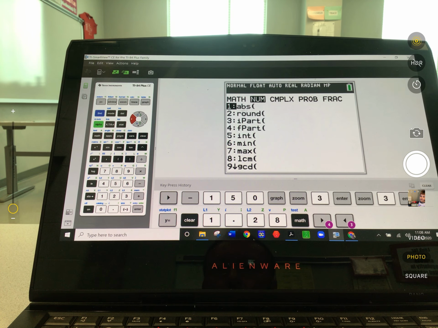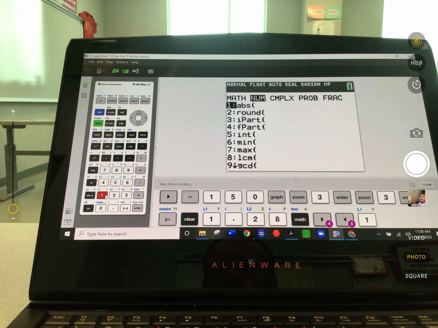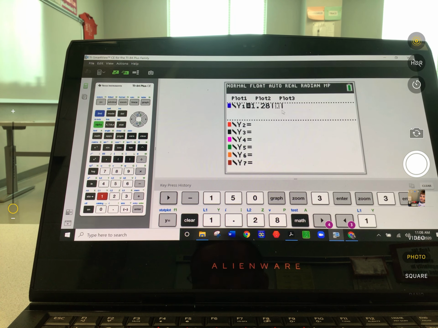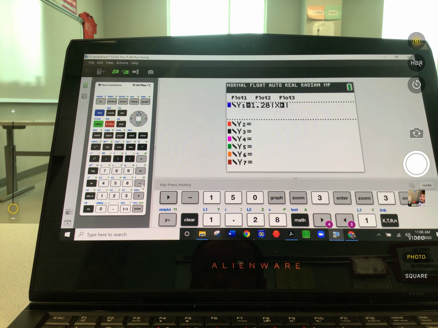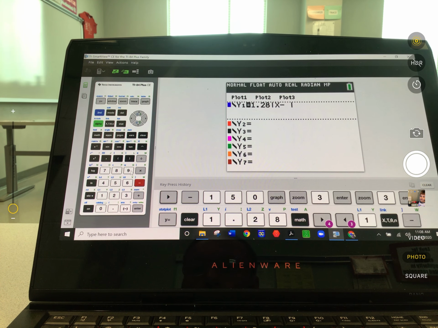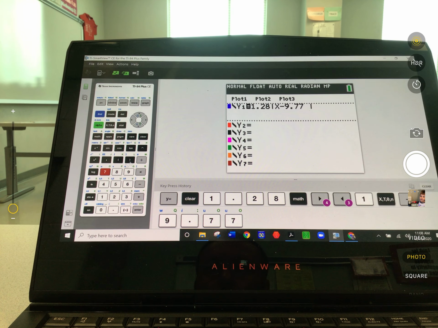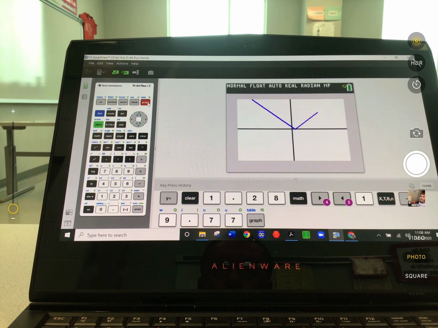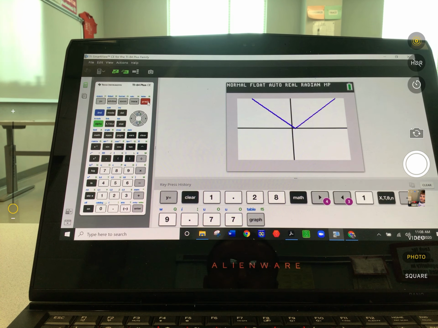So I want to go to num, and absolute value is the first one. ABS means absolute value. So click number 1 for our shortcut because it's highlighted. And if we've done it correctly on your graphing calculator, you should have absolute value bars. Now inside of there will be x minus 9.77. Make sure all looks good to go, hit graph, and I should be seeing that V now.